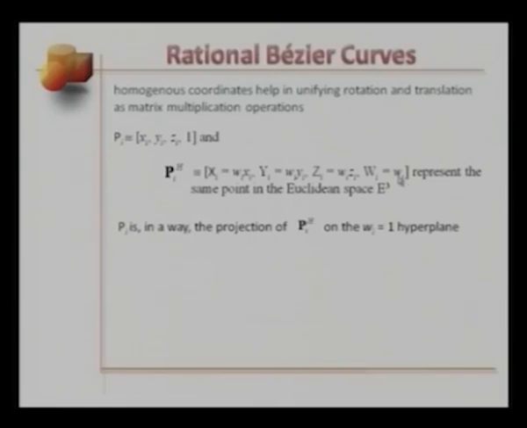You set the small w equals 1 and you'll get back this vector here. By the way, both these are homogeneous representations of point Pi with different weights or scale factors. You must note that.